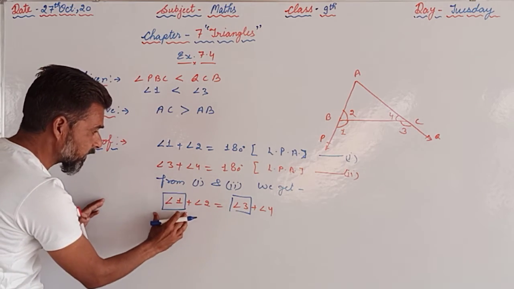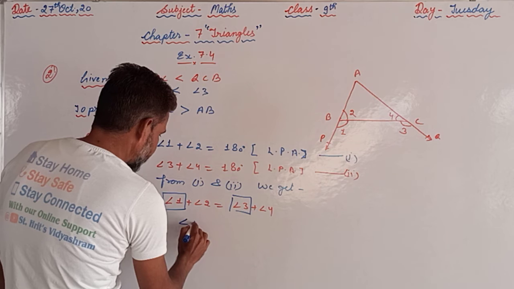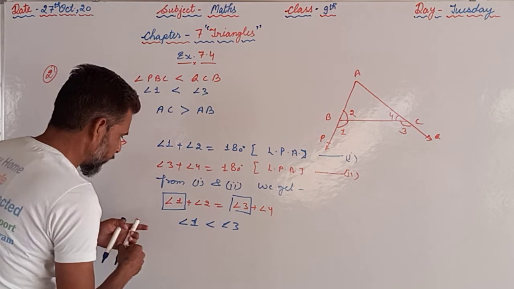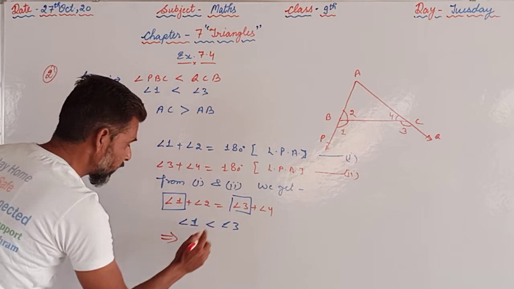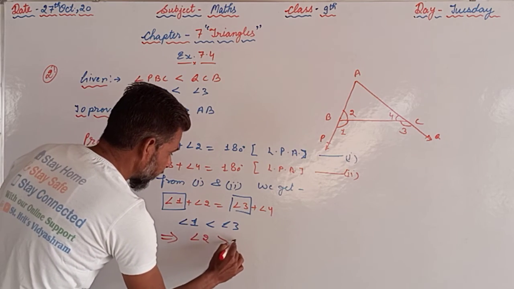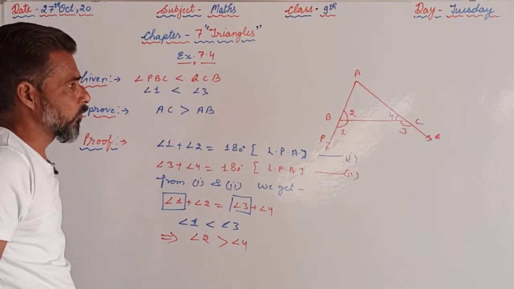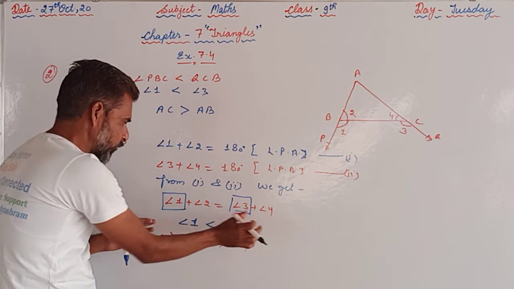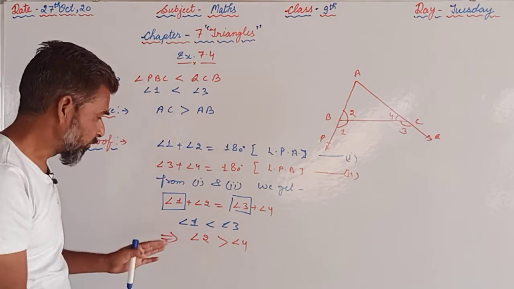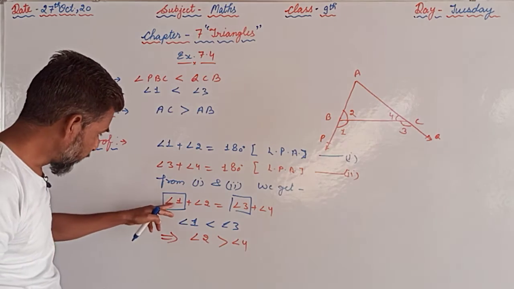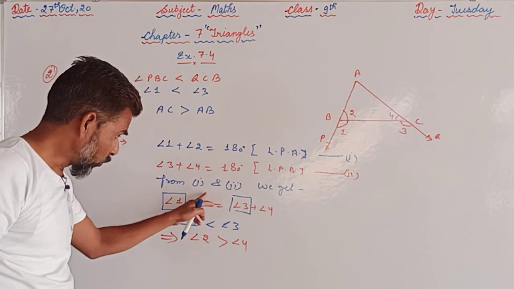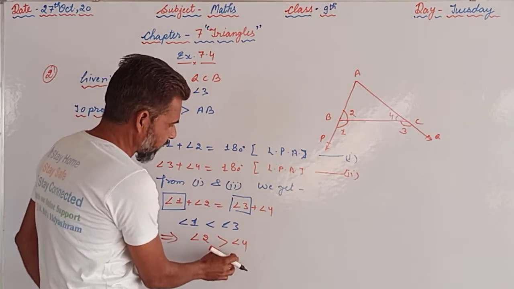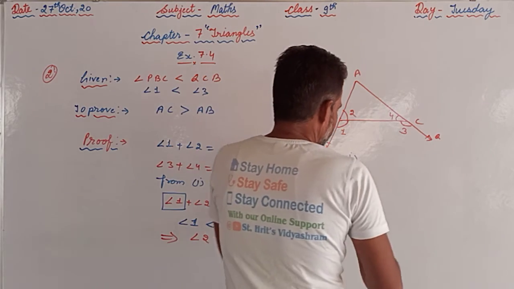It implies angle 2 will be greater than angle 4. The sum is equal, and at the same time it is given that 1 is less than 3, then 2 will be more than 4. So, angle 2 is greater than angle 4.